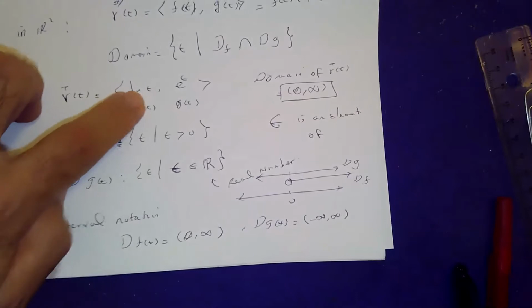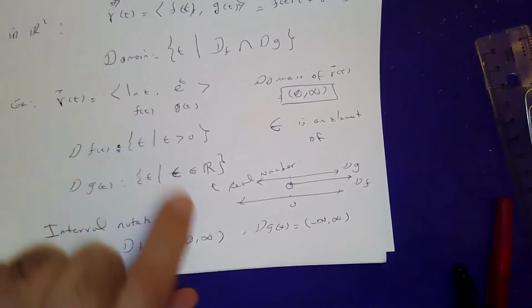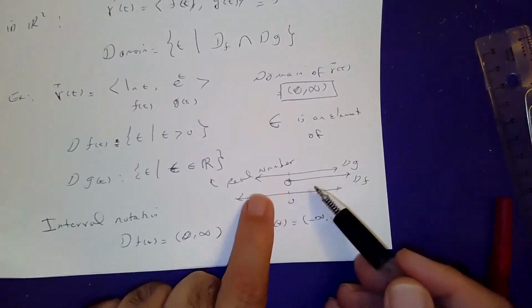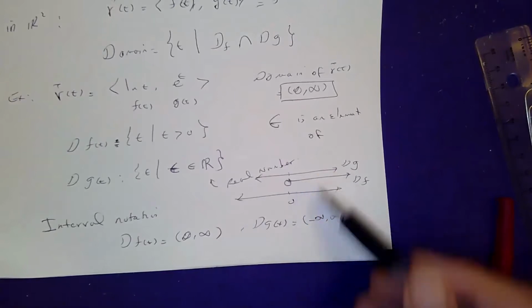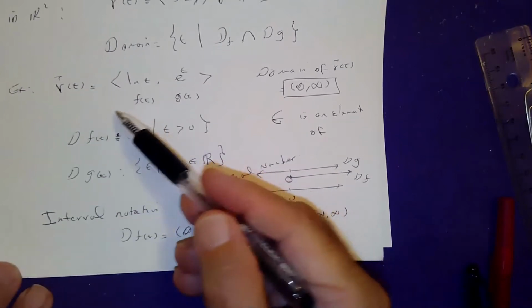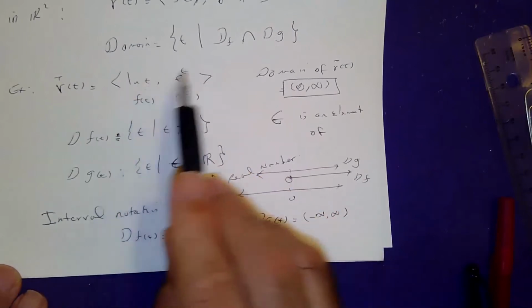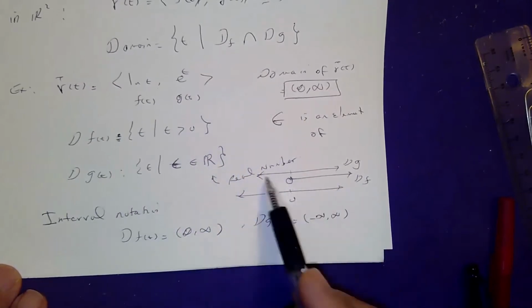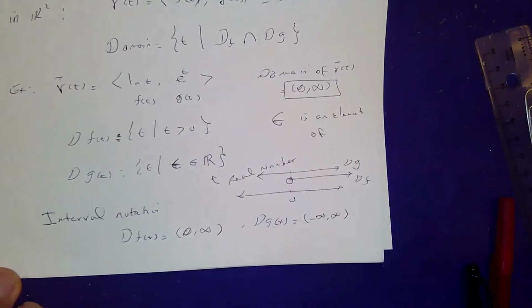That's the domain of this function. So you have to find the domain of each individual function, graph the domains, look at the arrows, see where they intersect, where they have in common. So if this was in 3-dimension, then you would find the domain of f, g, and h, draw 3 domains on your number line and see where they cross. That would be the domain, yeah?